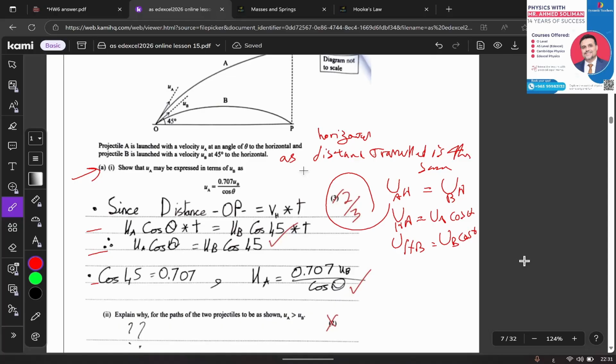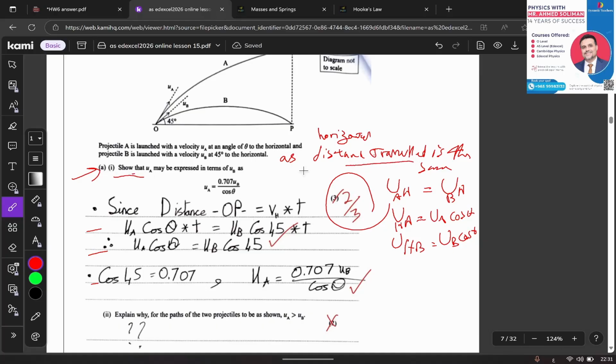Okay? Because sometimes the examiner follows the mark scheme only. So if I correct this question, I will give the student 3 over 3. But sometimes the examiner follows the what? The mark scheme. So you have to show all of this. He should show that. So you have to start from the beginning.